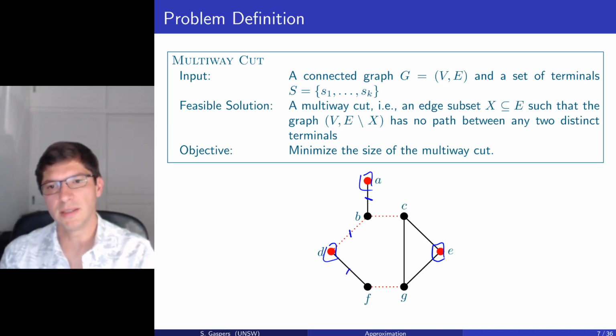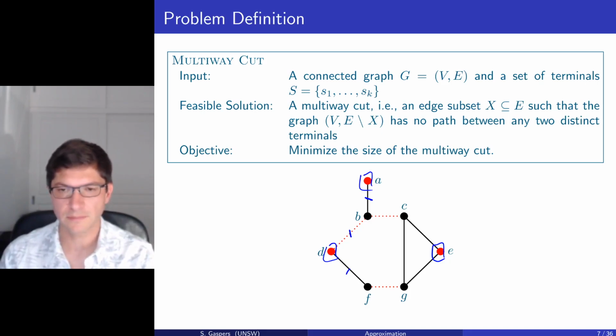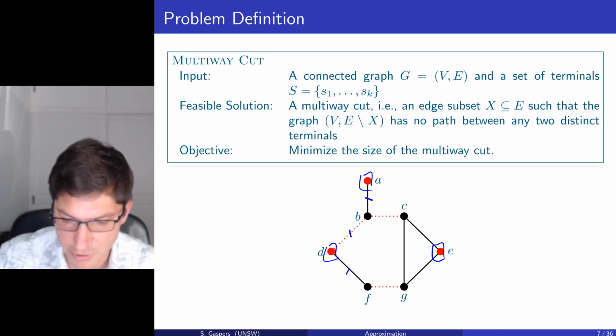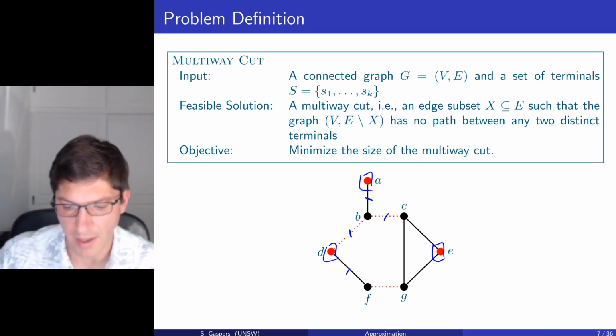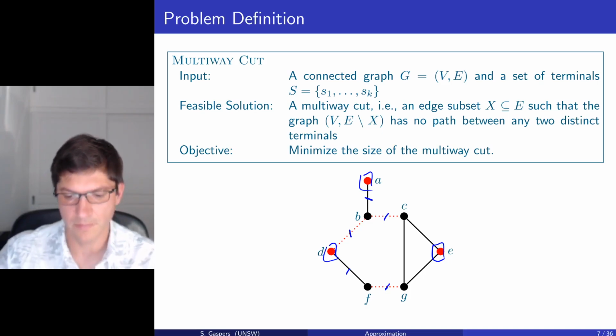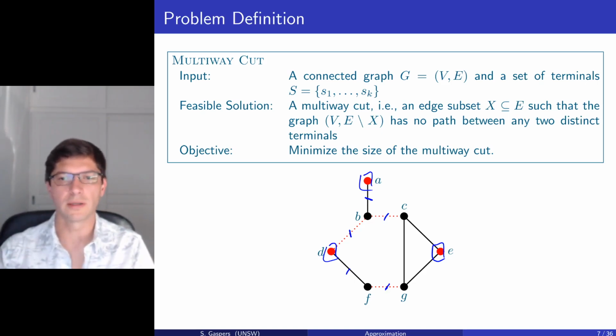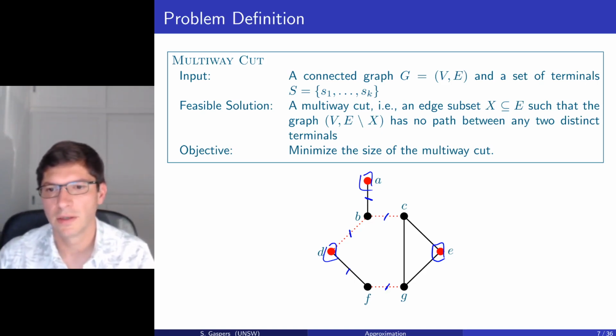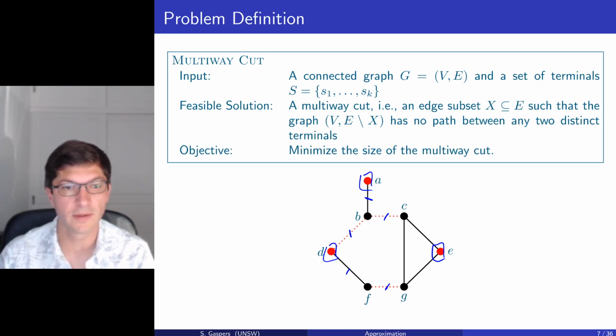Now to separate E from all the other terminals, it might compute the edge BC and, for example, FG. Now if we take the union of all of these edges, we get a feasible solution, but its size is not minimized, because we produce a solution of size 5, whereas there exists a solution of size 3.